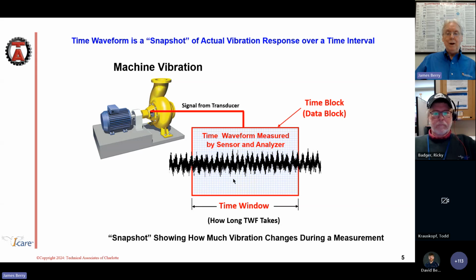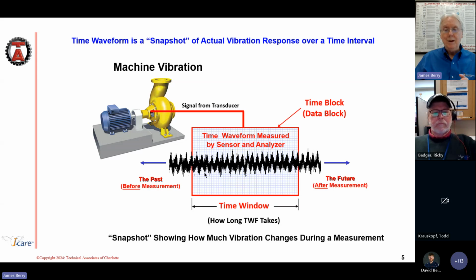Right now, I just want to bring up one very important point. When you're looking at something in the field, and even if you're just running a route, even if you're looking at something from a wireless sensor, it's best to look at not only the spectrum, but also the waveform. And you want to see if it's a steady state. That is, is the waveform remaining the same before and during the window and after you've looked at it?